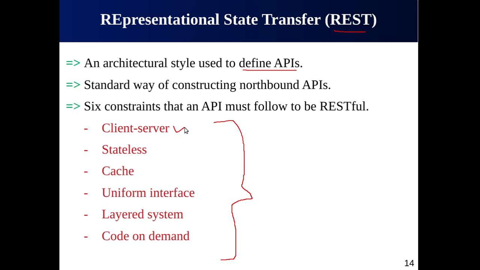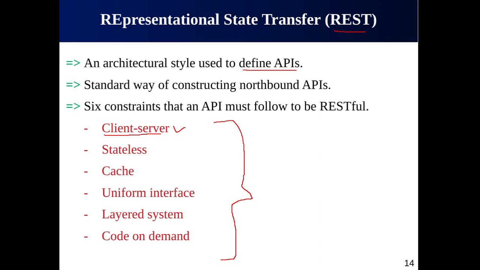The first one is client server. As the name indicates, the interaction between the application and the server is in the client server request response style. If you are familiar with the client server architecture, you would be able to understand this concept. Client makes requests, server responds to those requests.